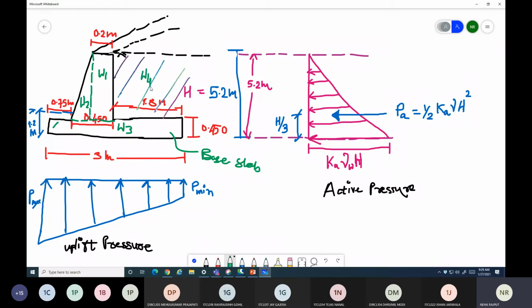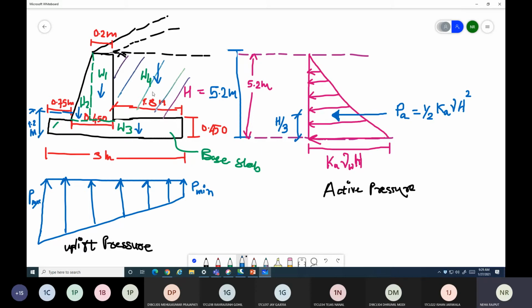All these loads are vertically downward. W1, W2, W3 and W4 are all vertically downward. So the total load acting in the downward direction is weight 1, weight 2, weight 3 and weight 4, that is the backfill weight.